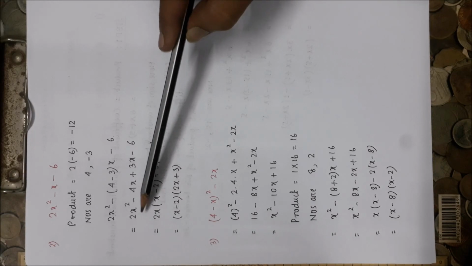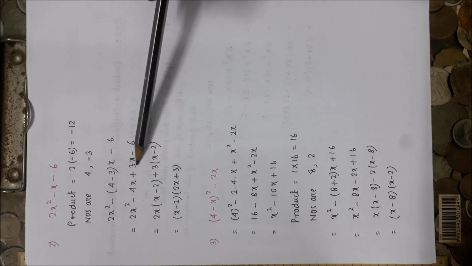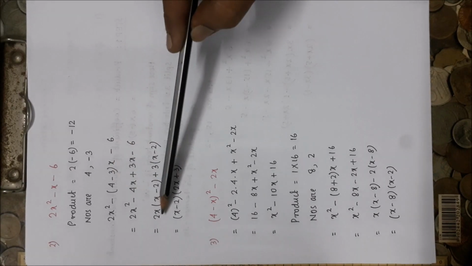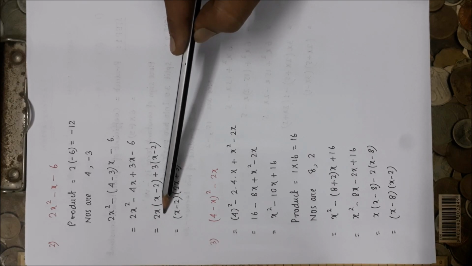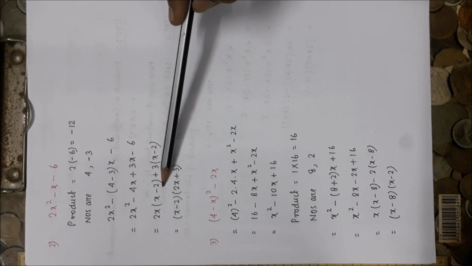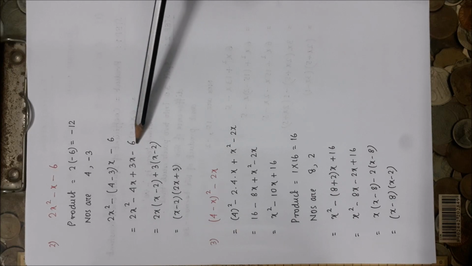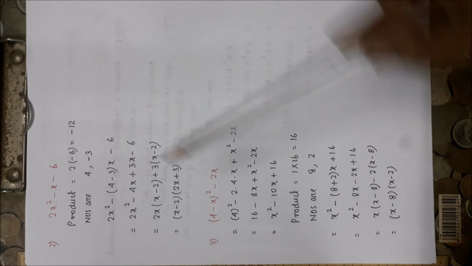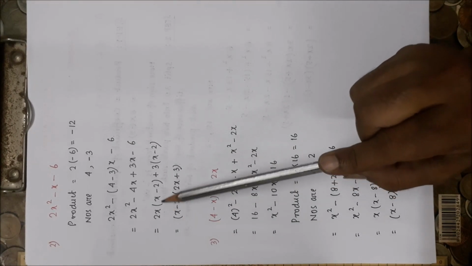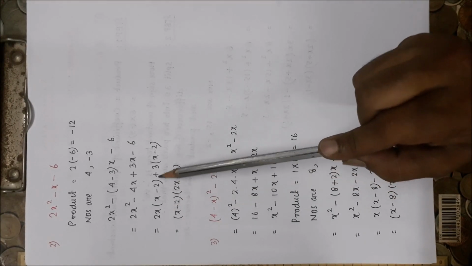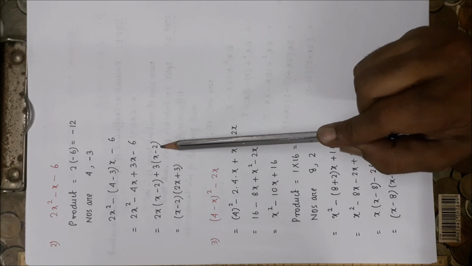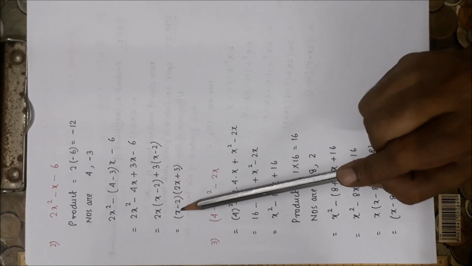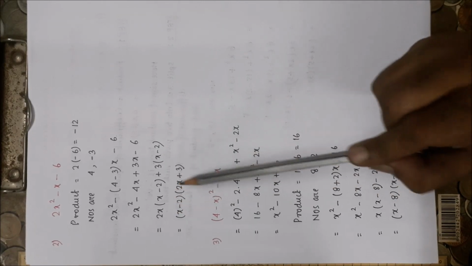Now we need to take common from the first two terms and common from the last two terms. So we are taking 2x common from the first two terms, so we will get x minus 2, and common from the last two terms is 3, so we will get x minus 2. Now we will get two terms, 2x multiplied by x minus 2 plus 3 multiplied by x minus 2. So we will take x minus 2 as common, that will leave 2x plus 3.